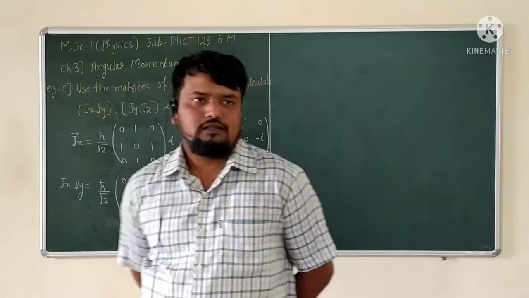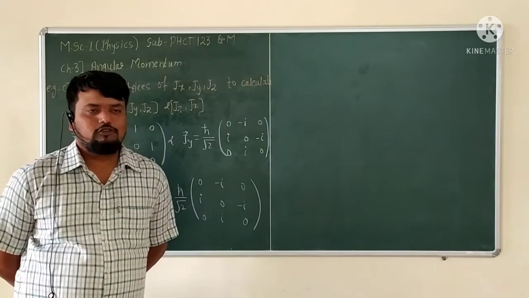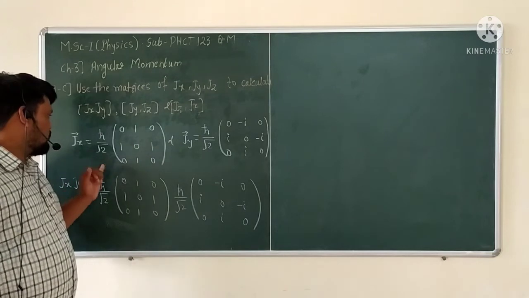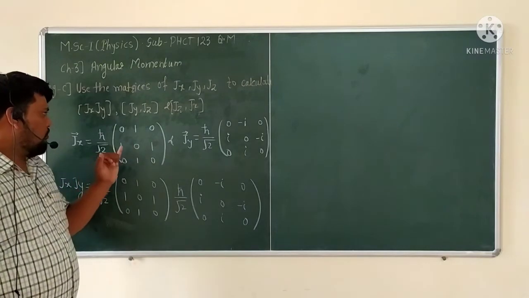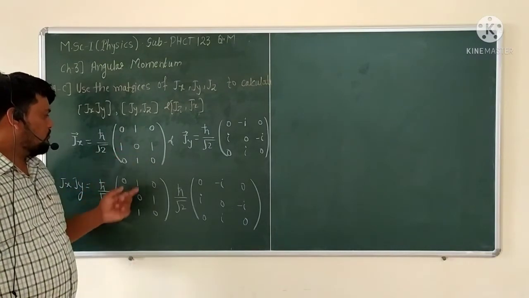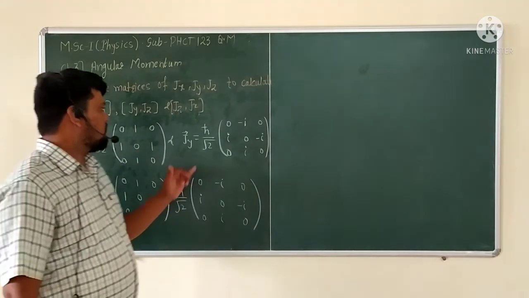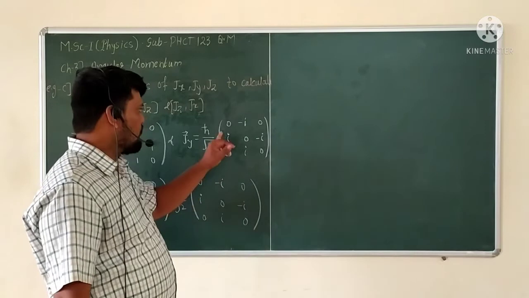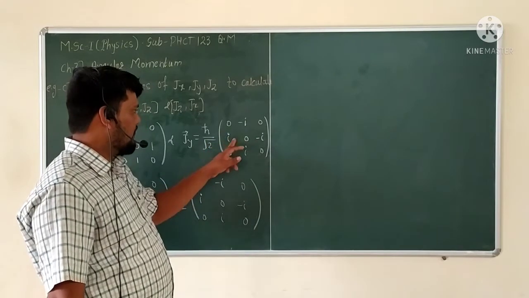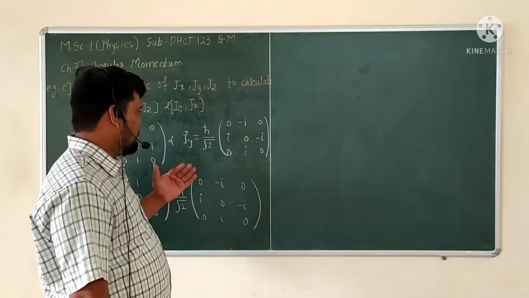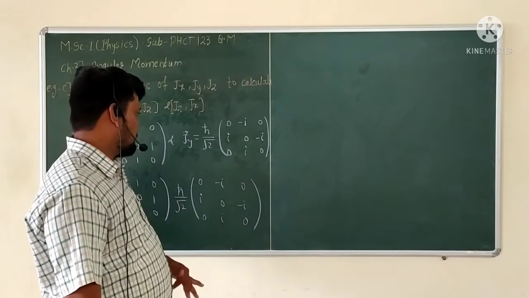The matrix representation of Jx is h cross by 2 times the matrix 0, 1, 0, 1, 0, 1, 0, 1, 0, and Jy is h cross by root 2 times the matrix 0, minus I, 0, I, 0, minus I, 0, I, 0. This point was seen in the last lecture.